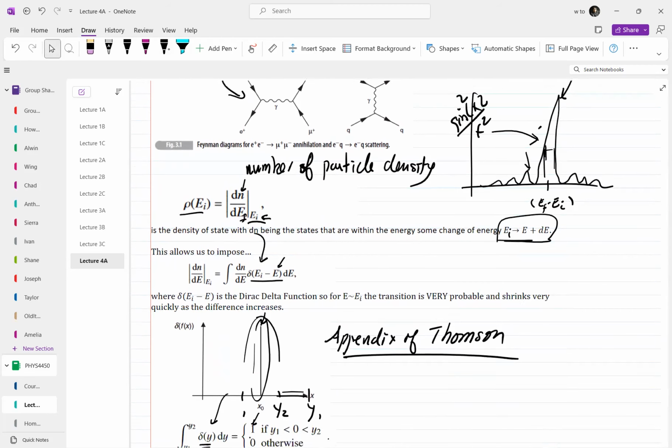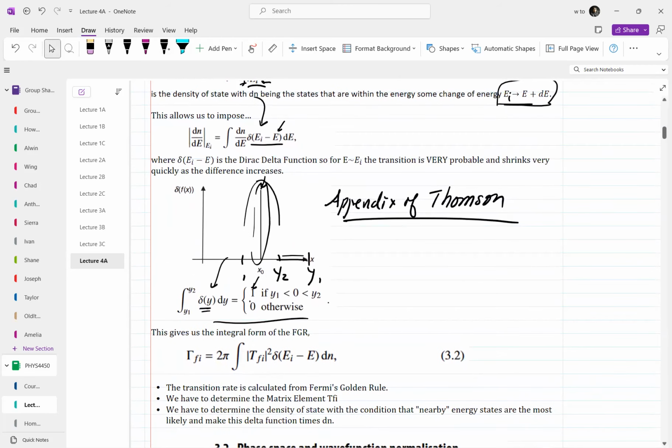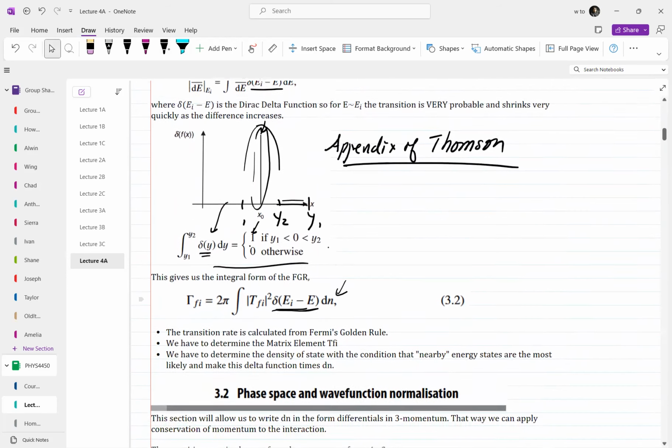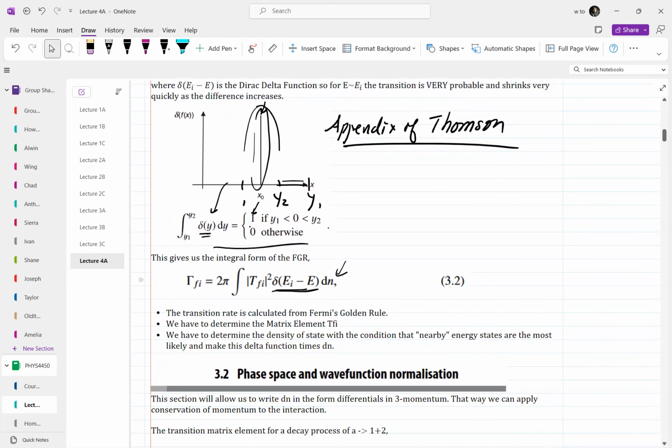Okay. Now we have this little delta function in here. Now we just have to deal with this dn thing. I'm going to hopefully get to this dn thing in the next section, okay? So the main point of this first section is to think about how the transition rate can be calculated from the Fermi golden rule. We've been talking about that multiple times, right?